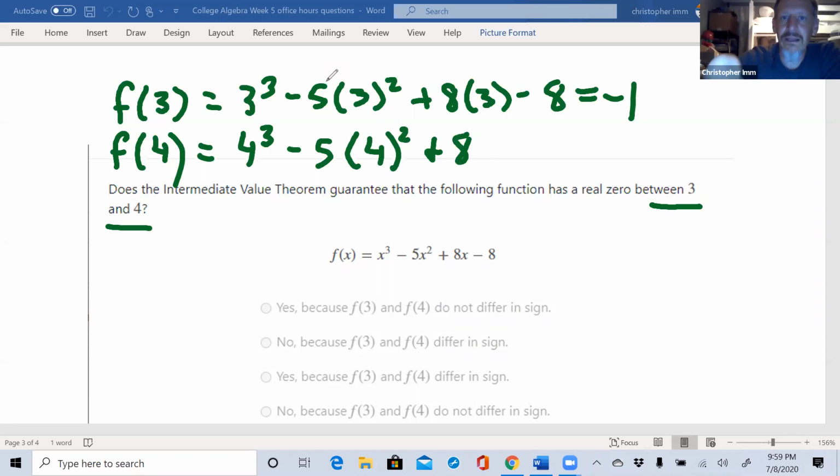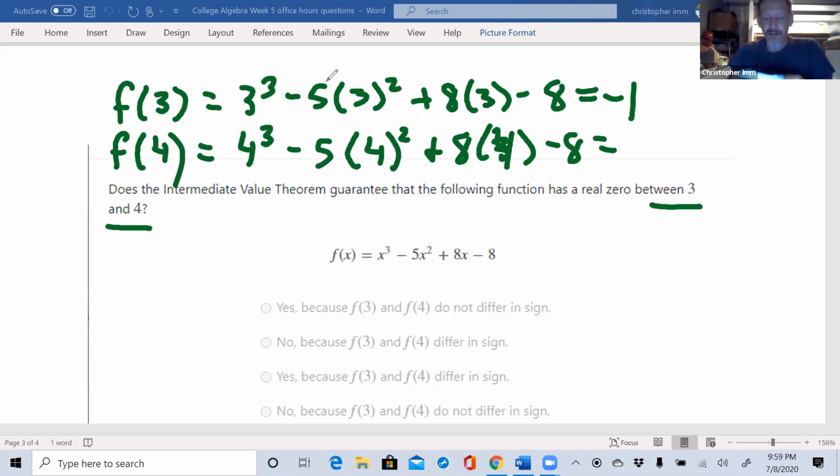But if these two differ in sign, that should be a 4 that I plug in, then I know that there's at least 1 zero in here. So I plug it into my calculator. 4, I meant 4. 4 cubed minus 5 times 4 squared plus 8 times 4, and then minus 8.